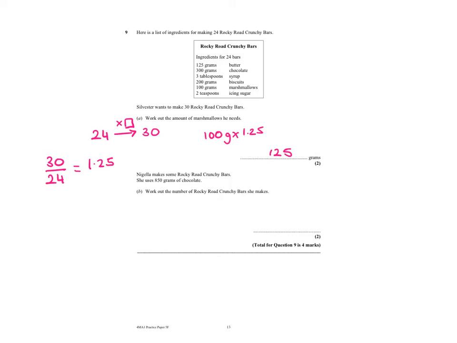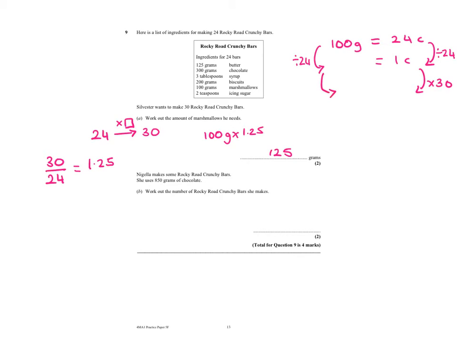Now, the other way you could do this is if 100 grams makes 24 cakes, find out what one crunchy bar is by dividing both sides by 24. And because then you need 30, you could then multiply it by 30.